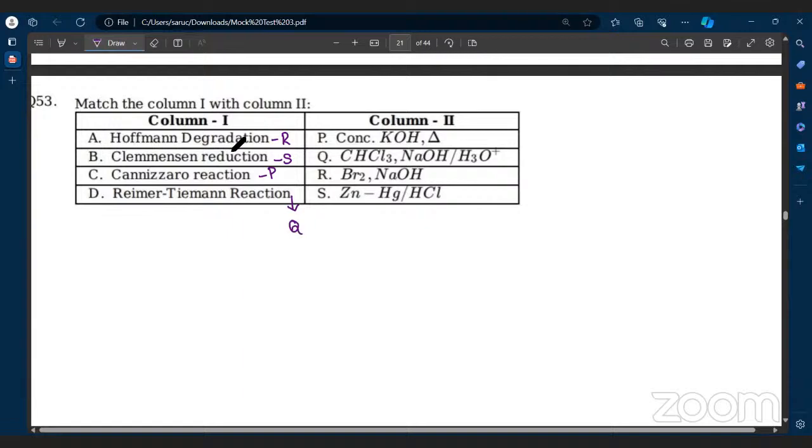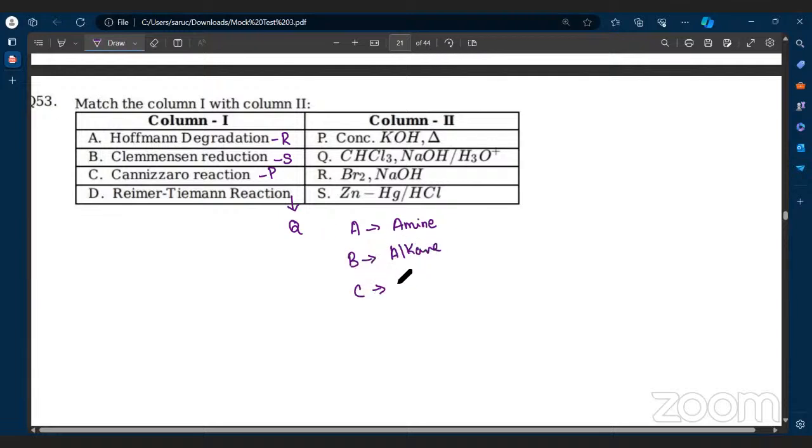Now tell me, what are the products you'll be getting during Hoffmann degradation? Amine. Yes, you'll be getting amine. Clemmensen reduction gives alkane. Very good. Cannizzaro reaction gives the salt of a carboxylic acid and alcohol.